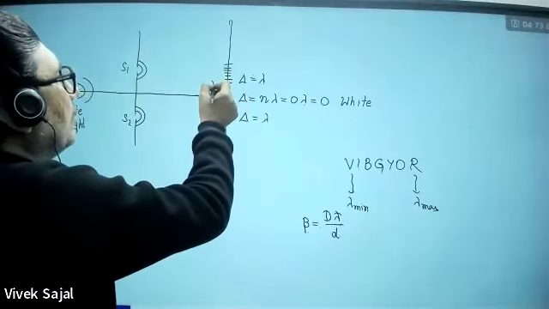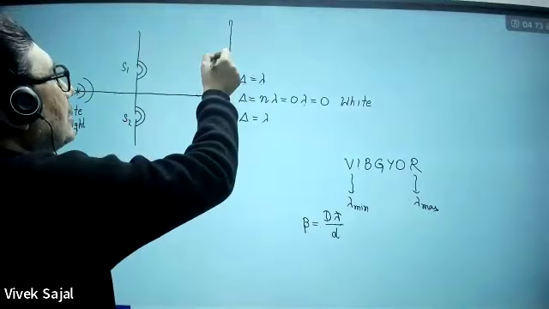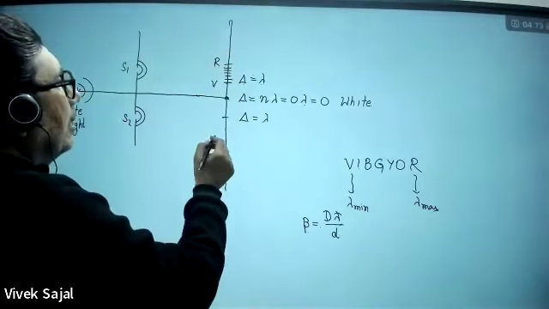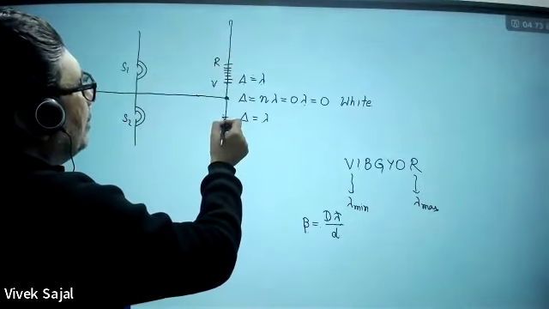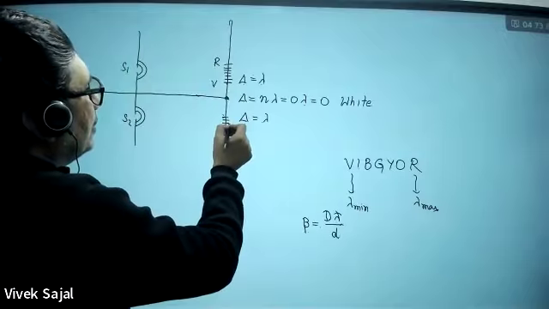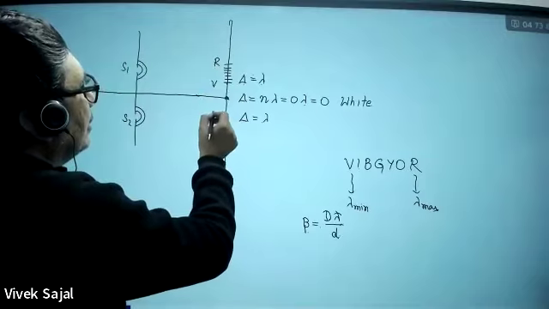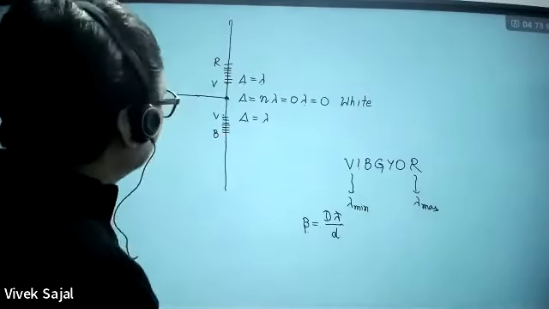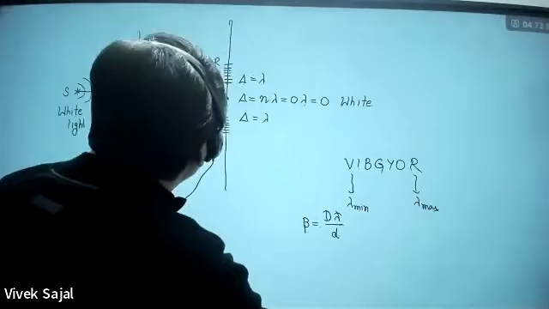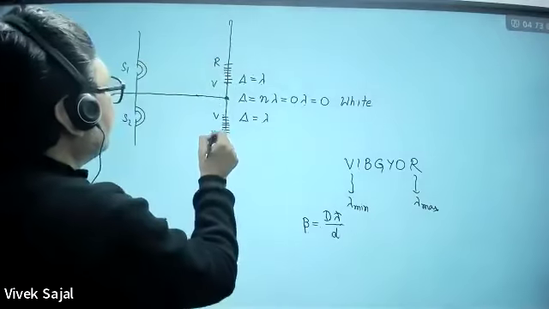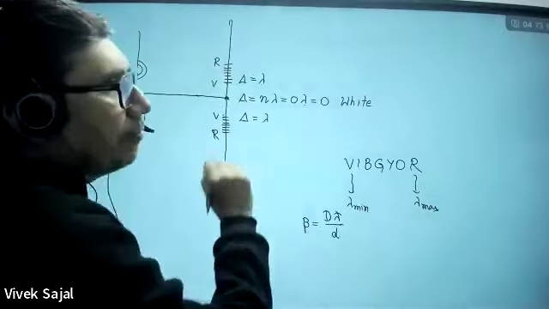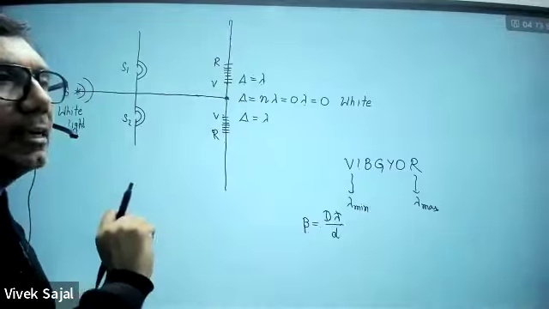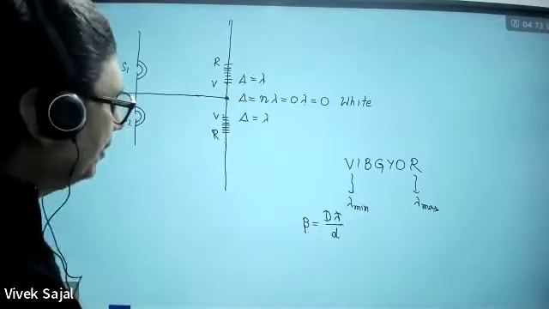So here this will be V, and on this side you are going to get R. Similarly, it will be made up of 7 colors, 1, 2, 3, 4, 5, 6, 7. This will be V, and this will be R.